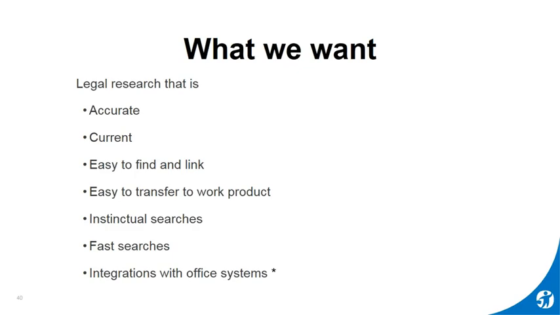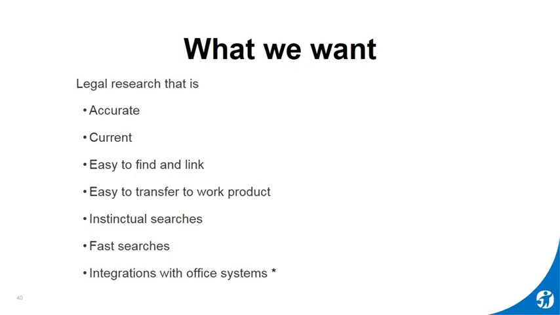You also want them to be instinctual searches. Easy to do, easy to find, and they come up fast. That is where Google really has it faster than anybody else, I think. And then you want it to integrate with your office systems as well as possible. Some products will have an integration with others specifically.